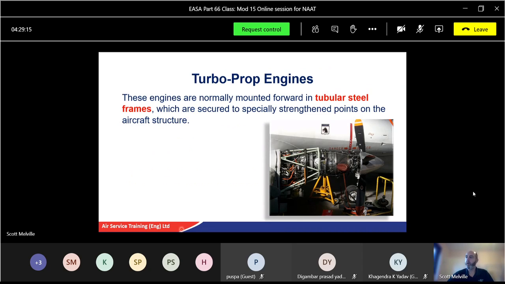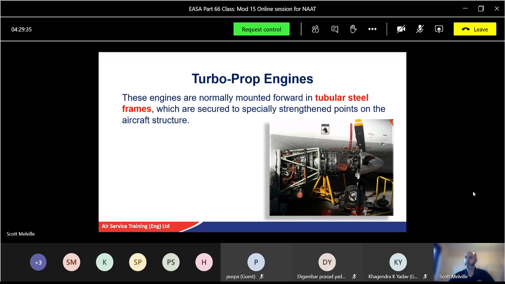Turboprop engines tend to have some sort of cage. The cage itself is fitted to the aircraft wing, and then the engine will slide in and fit against a couple of mounts, maybe one either side, and maybe another one at the back or underneath, depending on the type.